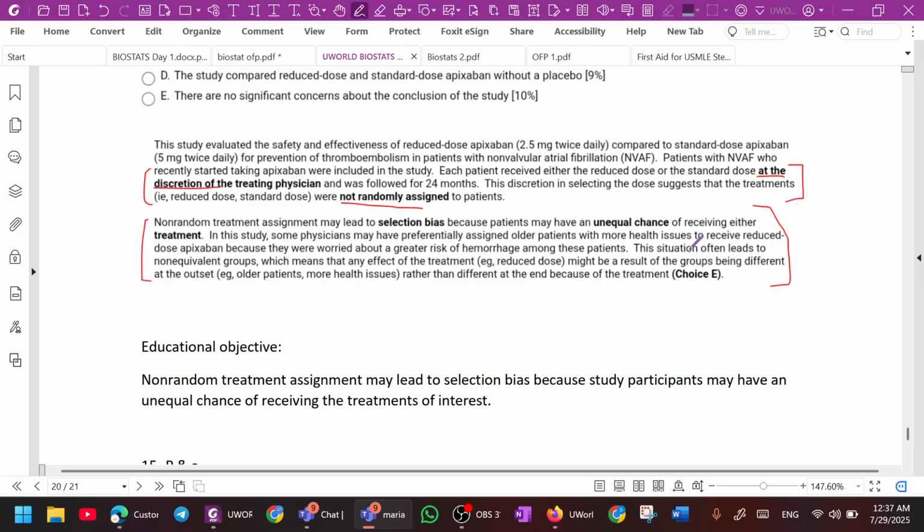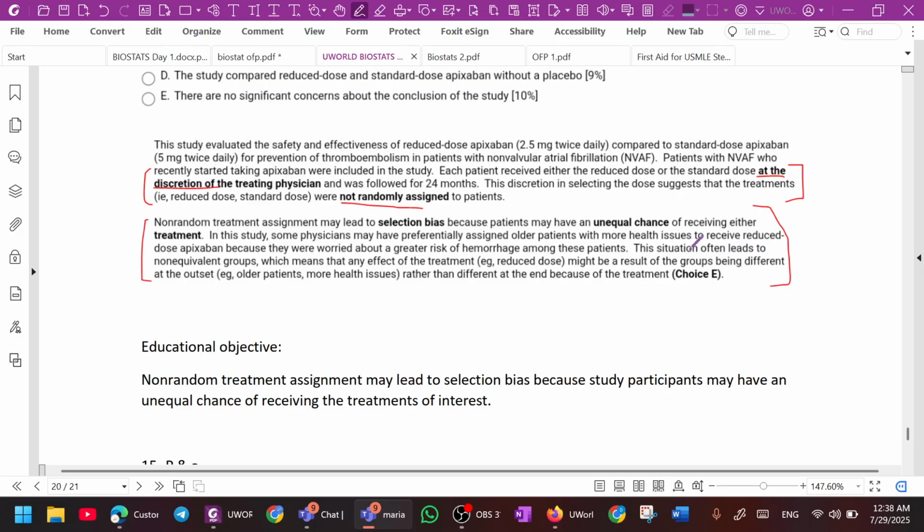This situation often leads to non-equivalent groups, which means that any effect of the reduced dose might be a result of the groups being different at the outset, older patients with more health issues, rather than different at the end because of the treatment. Educational objective: non-random treatment assignment may lead to selection bias because study participants may have unequal chance of receiving the treatment of interest.